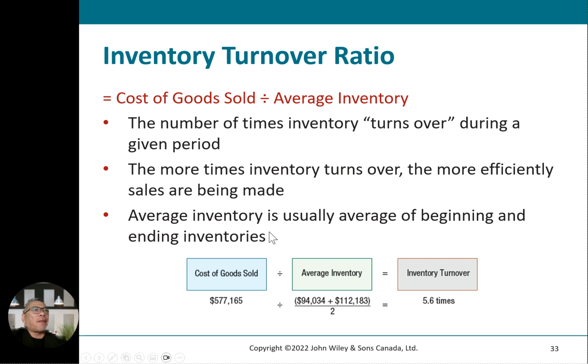Average inventory is usually the average of beginning and ending inventory. So CGS is given to you, and for average inventory there are two numbers here: 94,000 plus 112,000 divided by 2, and you got 5.6 times. So the key part, let me mention it one more time: the more times inventory turns over, the more efficient the sales are made. The logic is CGS divided by average inventory.